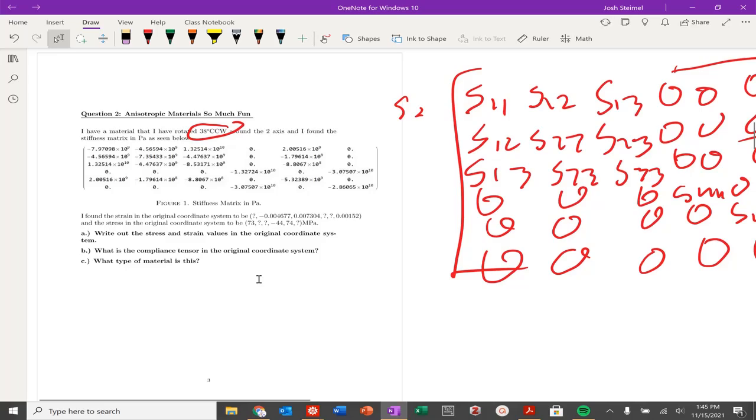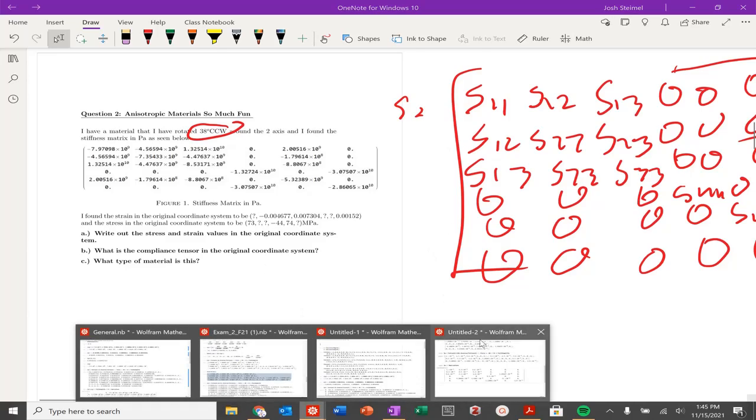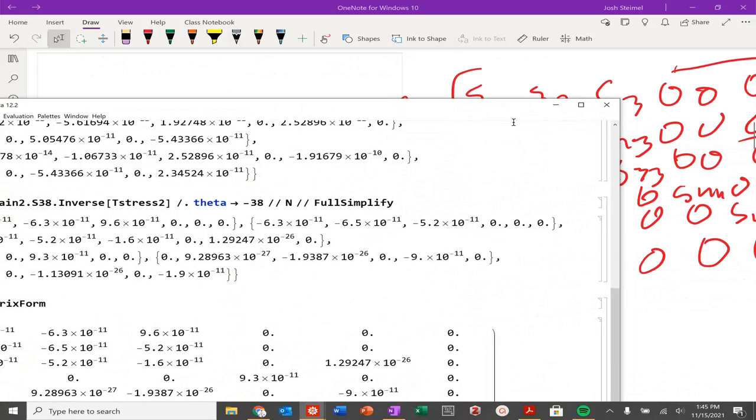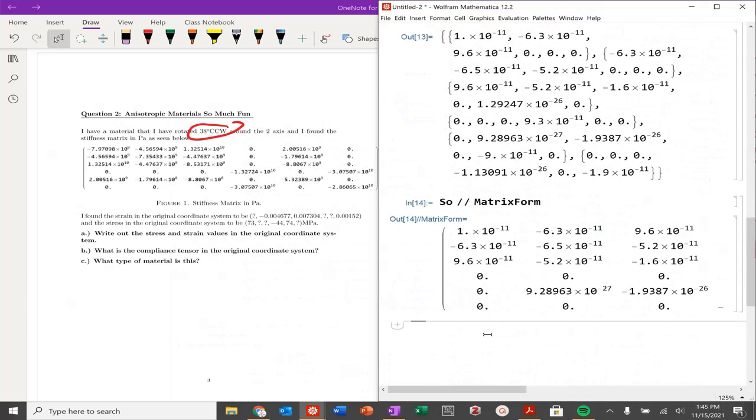Now the strain in my original coordinate system, let's go ahead and type this up. My strain, E naught, is going to be equal to, this is my E1, again in reduced notation, then minus 0.004677, 0.007304.